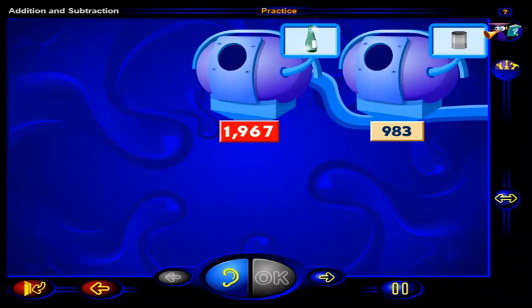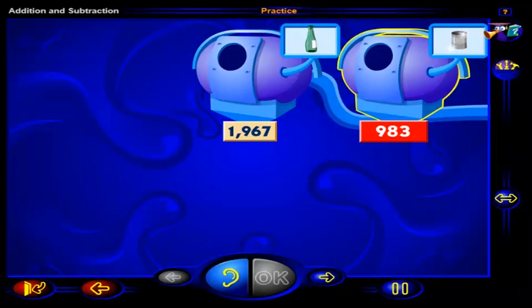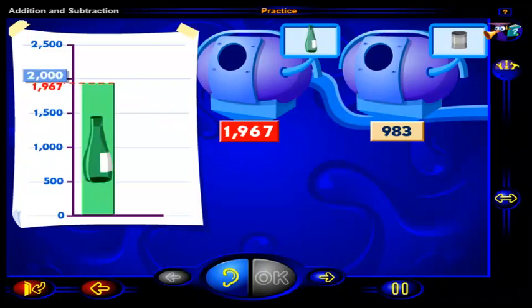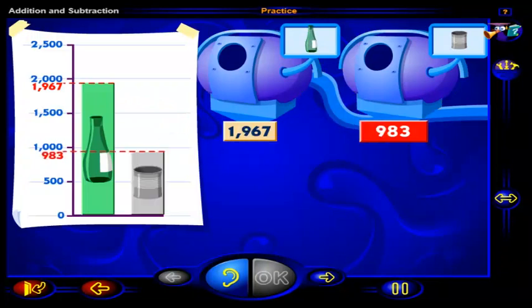1,967 bottles were recycled in this side of the recycling machine, and 983 cans were recycled in this side of the machine. 1,967 is close to 2,000, and 983 is close to 1,000.